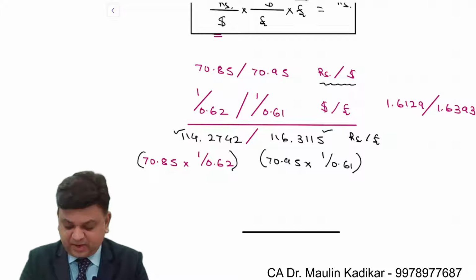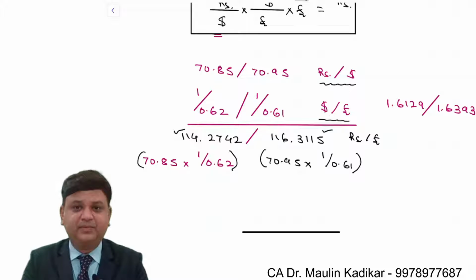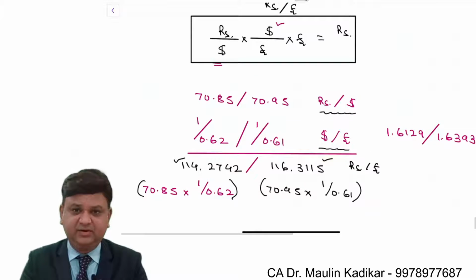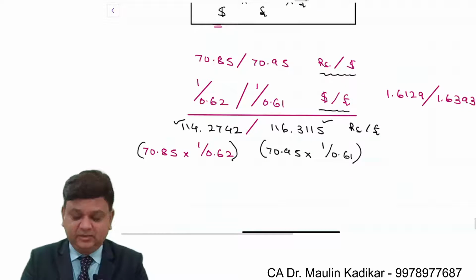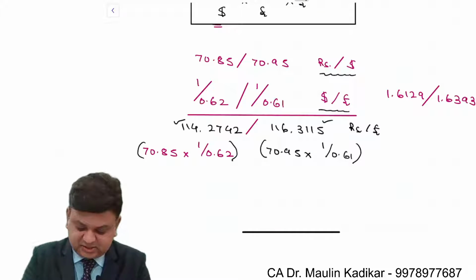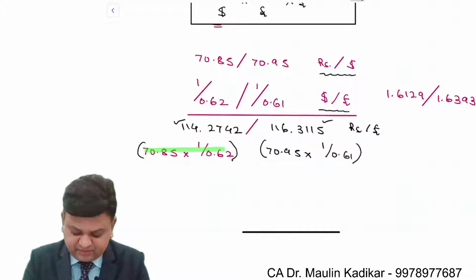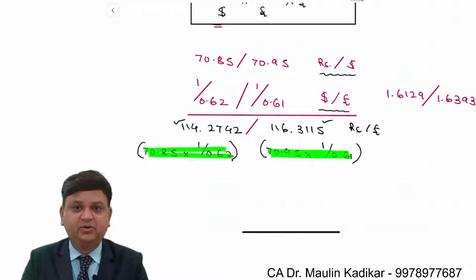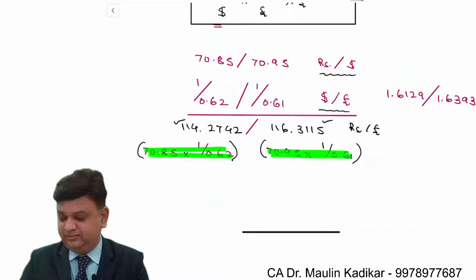Dollar per pound is required, but pound per dollar is given, so we make a reciprocal, and you just multiply these two exchange rates. With that, you will be able to get the answer. Now, why multiply these two exchange rates? For the purpose of finding the cross currency rate. I will explain that now.